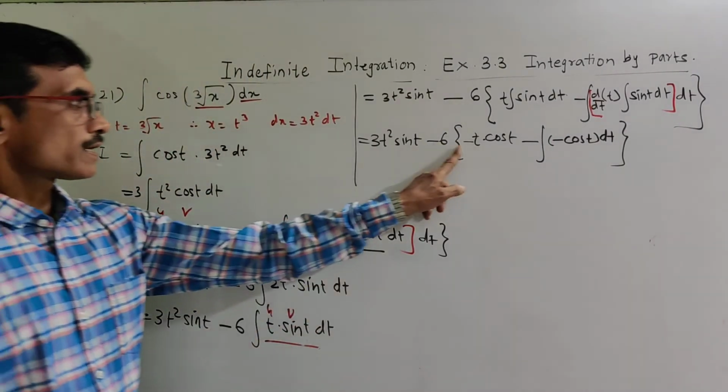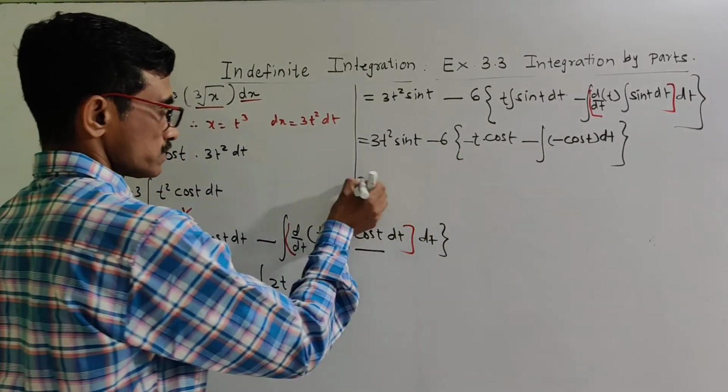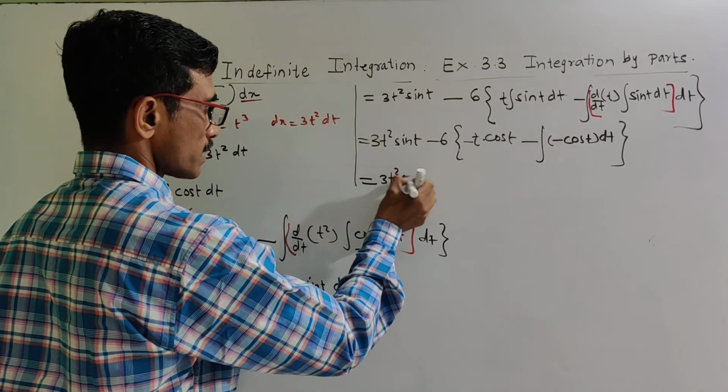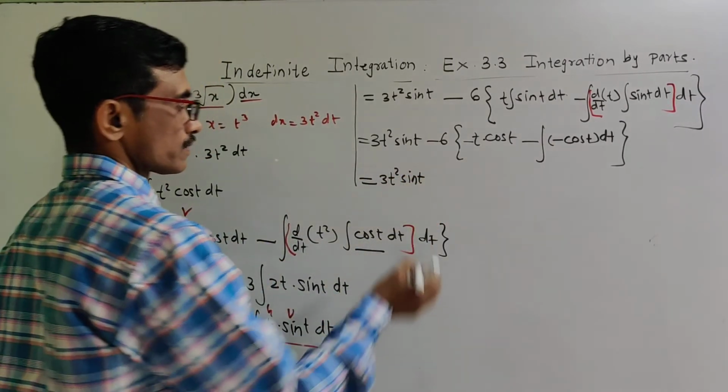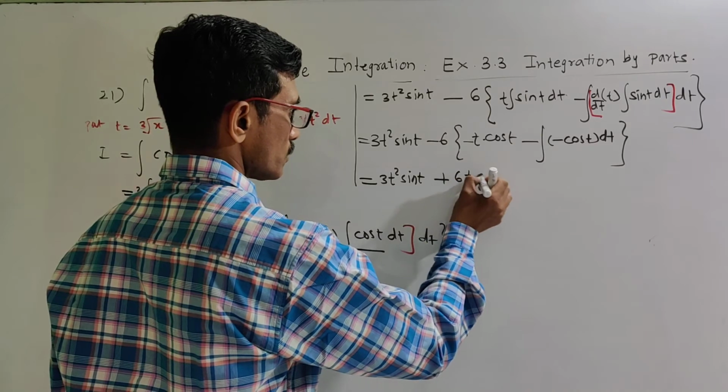Then this minus and again this minus, it will be plus 3t square sin t plus 6t cos t.